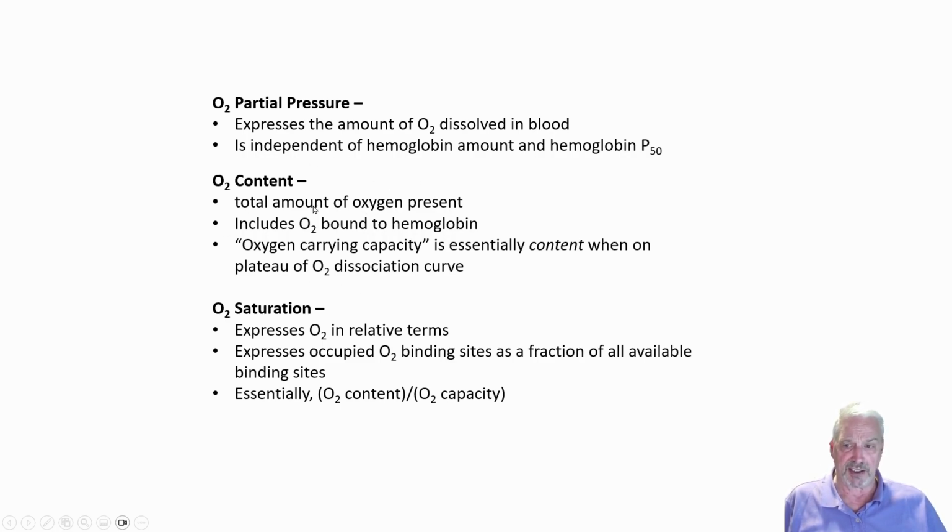Oxygen content is the total amount of oxygen in blood, and it does depend to a large extent on hemoglobin, because primarily hemoglobin is the way oxygen is carried in blood. And just reminding you to get ready for the oxygen dissociation curve, we talk about oxygen carrying capacity as the oxygen content when we're on the plateau portion of the oxyhemoglobin dissociation curve.